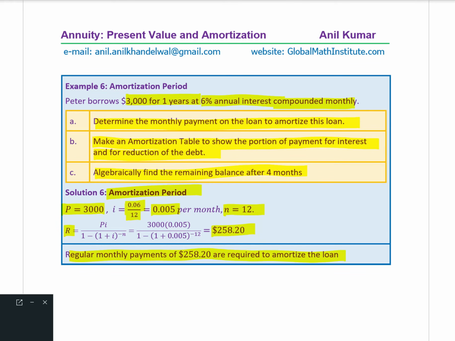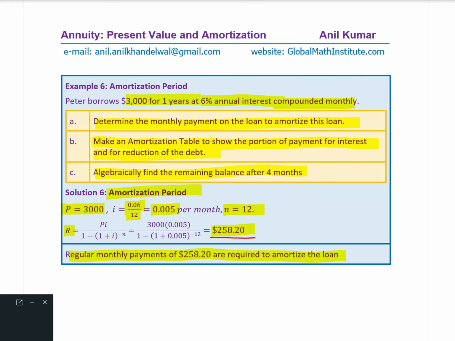Now let us see how we make a table. So remember, we came up with this particular value that every month $258.20 is to be paid. Now it is kind of important to understand this number is rounded, and therefore the last installment will actually match up to pay everything, right? So it will be slightly different from this amount.